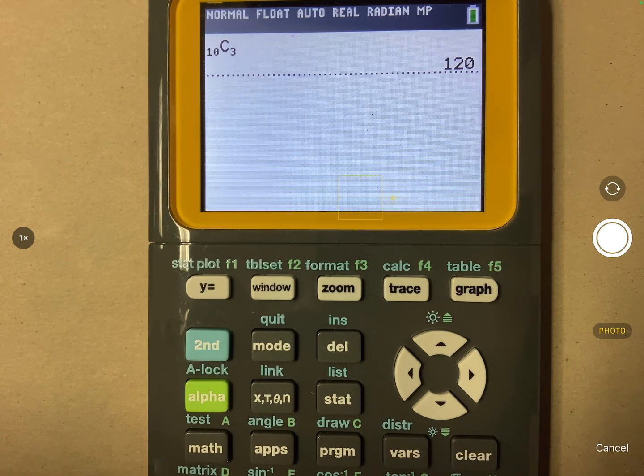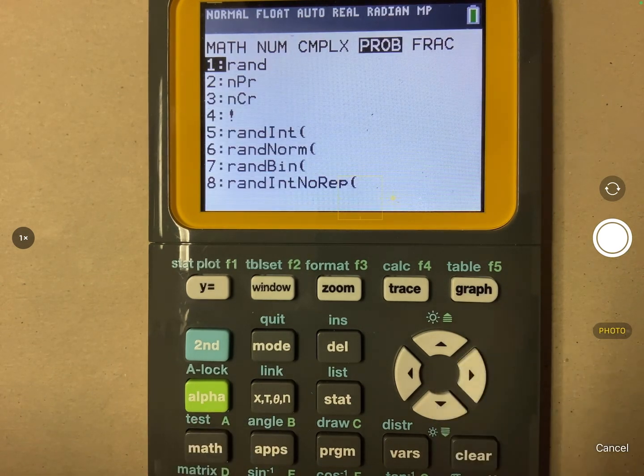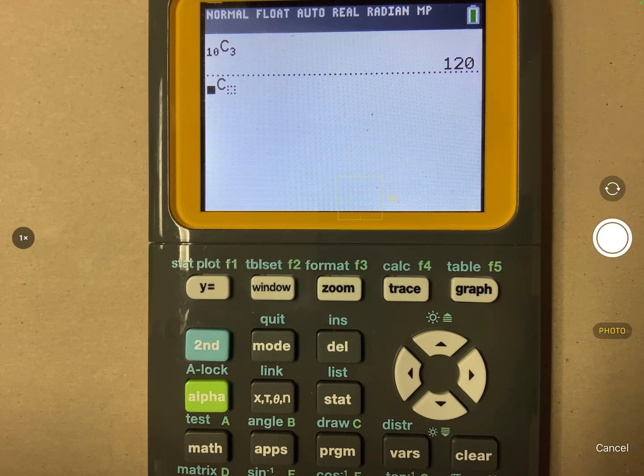For example B: math, arrow to the right for probability, arrow down to combination to get that C in the middle. We have 5 items total, and we have 5 places to fill them in, and order will not matter. No matter how you arrange them, if you only have 5 items that go into 5 places, you only have one way that you can fill those.